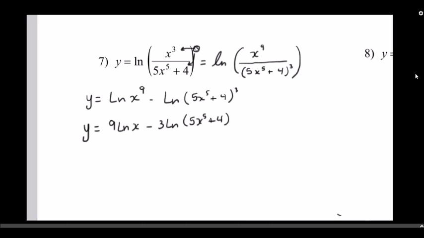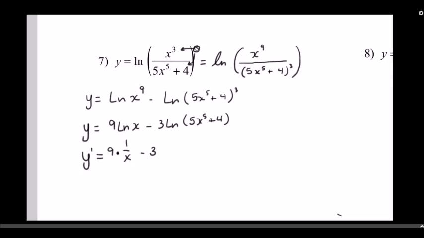Now we can start taking derivatives. So y prime, this 9 right here is a coefficient, so it's going to stay a coefficient. Remember the derivative of the natural log of x is 1 over x. This 3 here is a coefficient, so it's just going to stay a coefficient. And the derivative of the natural log of an expression here, the derivative of the natural log of u, where this is u, is going to be 1 over u times u prime.